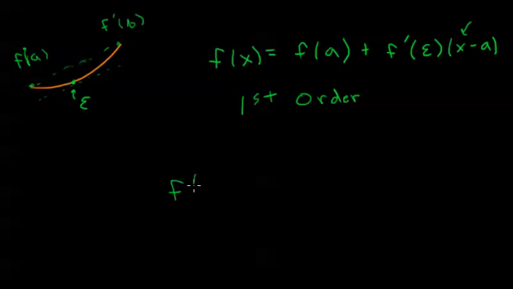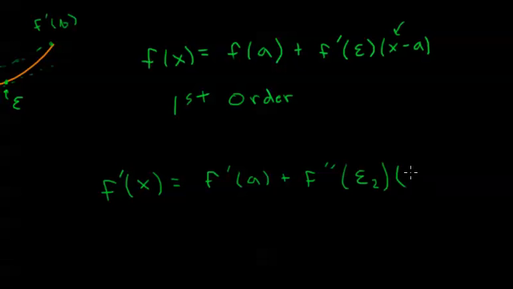And so I can write f prime of x equals f prime of a plus f double prime of epsilon, and this isn't the same epsilon. I'll write epsilon 2 just to clarify that the average first derivative doesn't necessarily occur at the same point as the average second derivative. So f double prime evaluated at some point in there times x minus a.